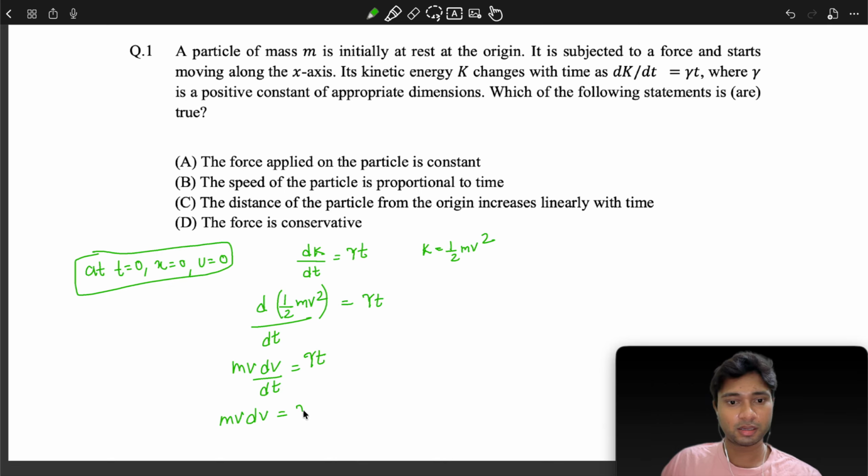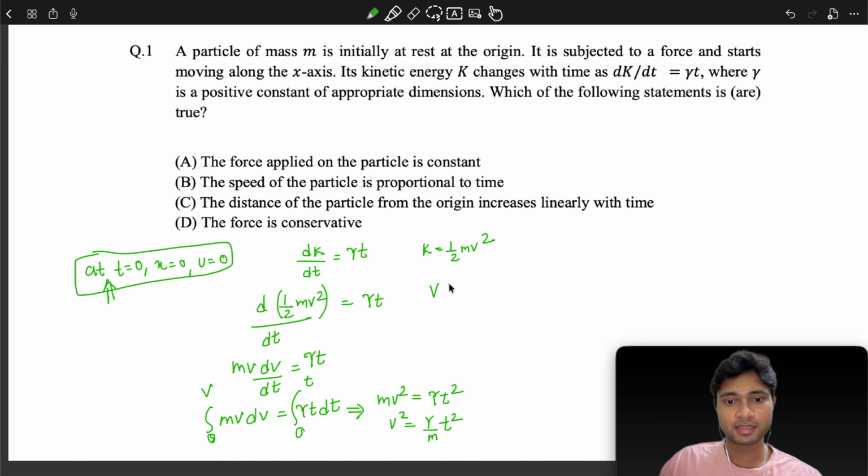Doing simple integration, if we integrate it from 0 to v, and from 0 to t, because at t equals 0 the velocity was 0, it was given that at t equals 0 the particle was at rest. So on simple integration we get m v squared equals gamma t squared. Also we can write v squared equals gamma by m t squared.